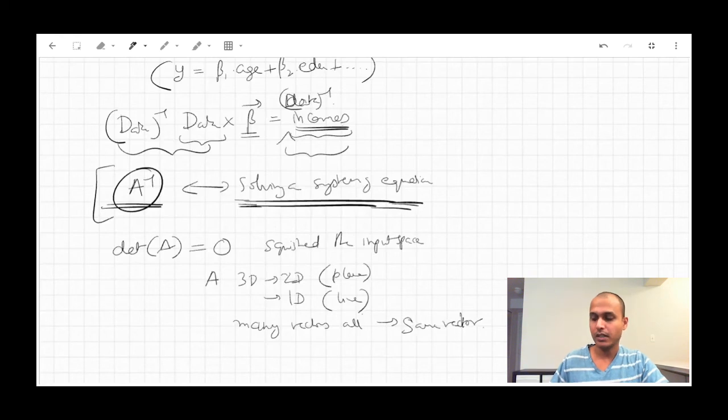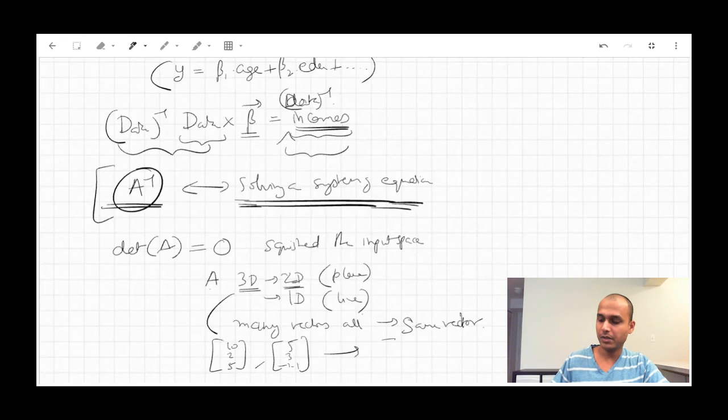So if A goes from 3-dimensional space to 2-dimensional space, maybe two vectors, for example 10, 2, and 5, and another vector maybe 5, 3, and -1.1, both map to maybe a vector like 3 and 2. Okay, so both map like this.